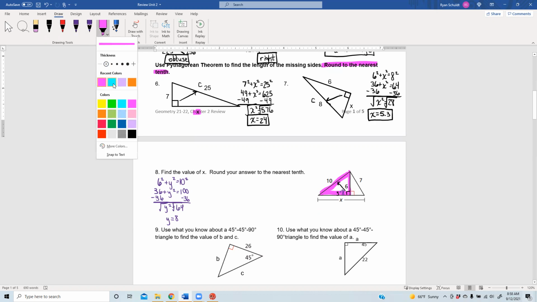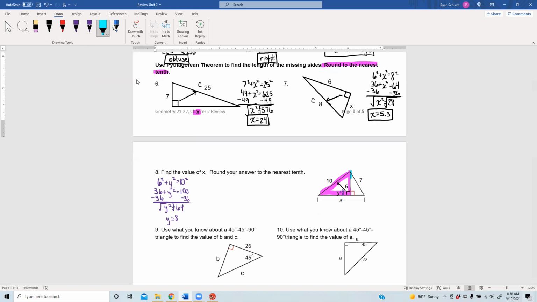Now we have to focus on the other side. We've got to do this side now.